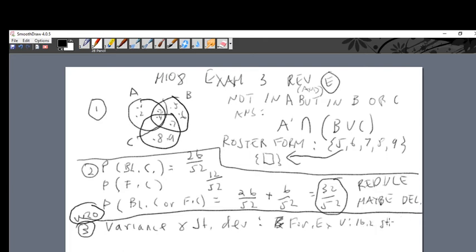What's the standard deviation? You'll use a calculator. You would take the square root of 16.2. It's going to be the square root of whatever the variance is. That's all I wanted to add to video 20.